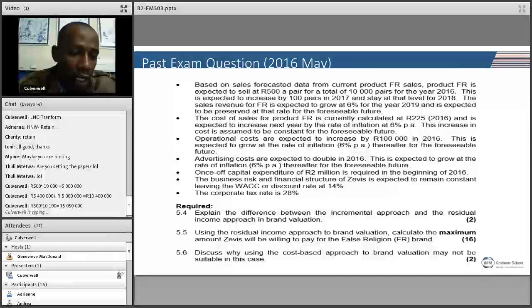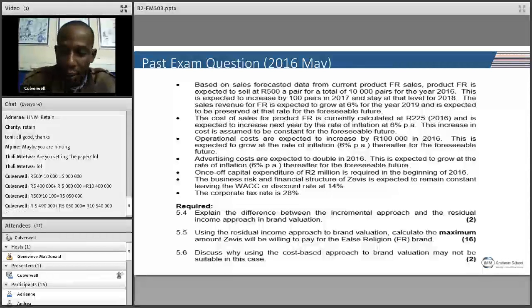And then you do exactly the same for year 2018 for FR. So if I want to calculate my total revenue in 2017 for both FR and Z, I will say the sales revenue for Z is given, 5,490,000, plus the sales revenue for FR we just calculated, which is 5,050,000.